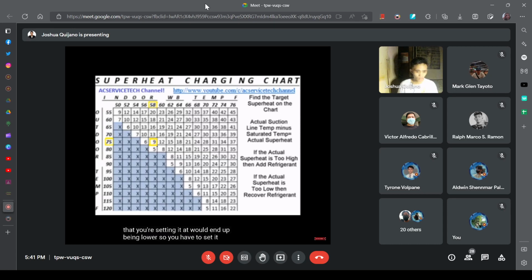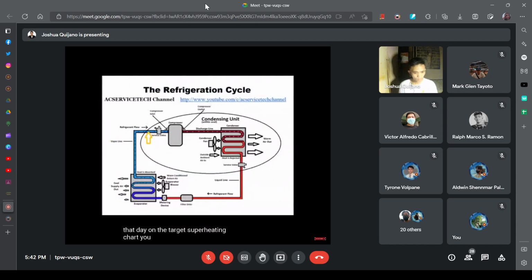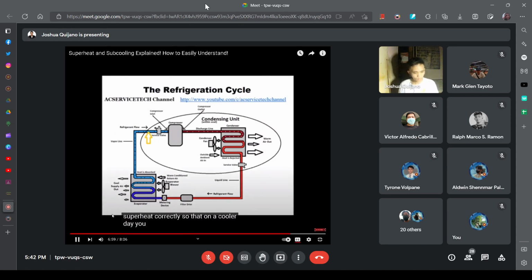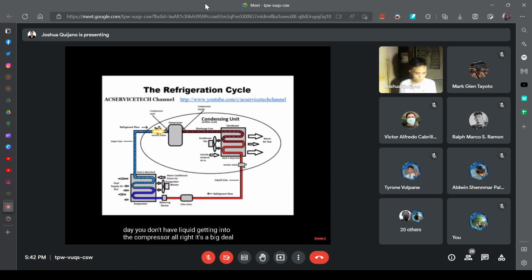So you have to set it to the outdoor temperature and the wet bulb for that day on the target superheat chart. You need to set that superheat correctly so that on a cooler day you don't have liquid getting into the compressor. It's a big deal.